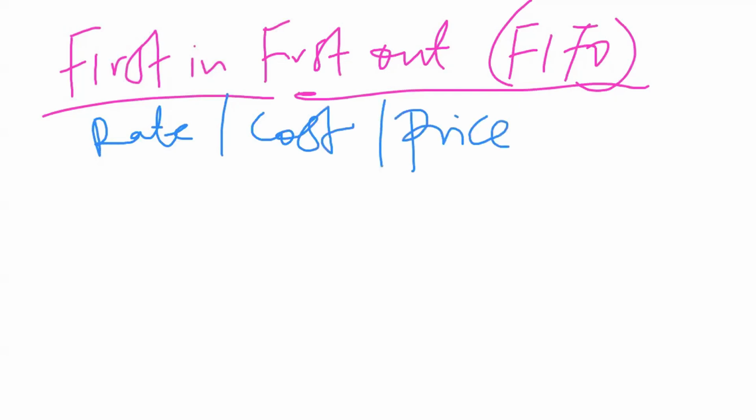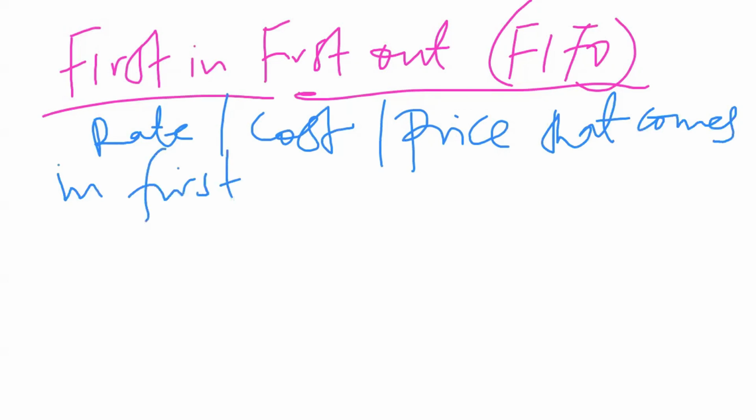Because when you're buying from the supplier, it is the price, but to us as the company, it is a cost. So here, the concern is always on the rate. The rate that comes in first is the first one to be issued out.